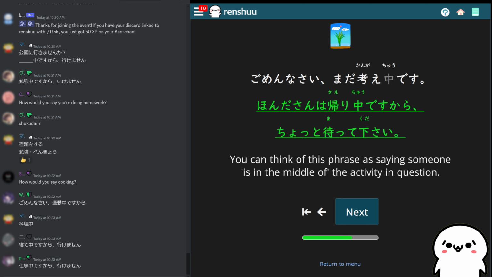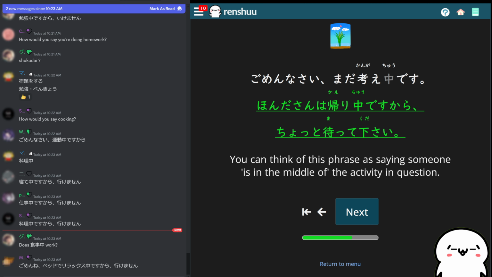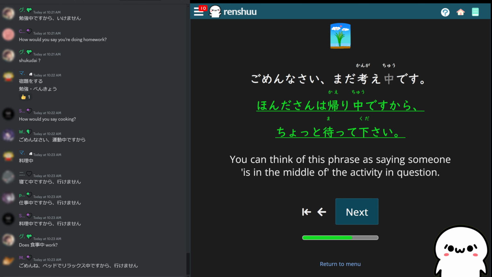Now, if you use a verb, don't forget you use the stem, but it's one of those interesting expressions where you can't just throw any verb in front of it. Shokujichu works, yes. You could say shokujichu.